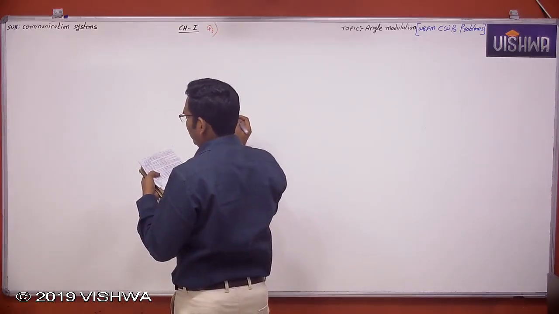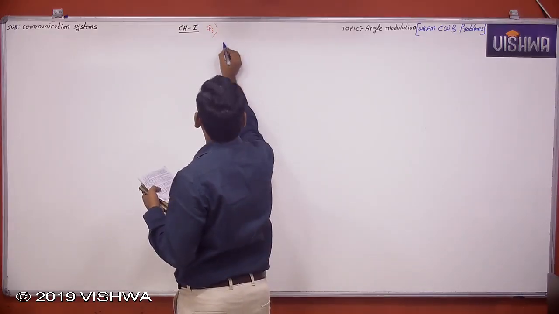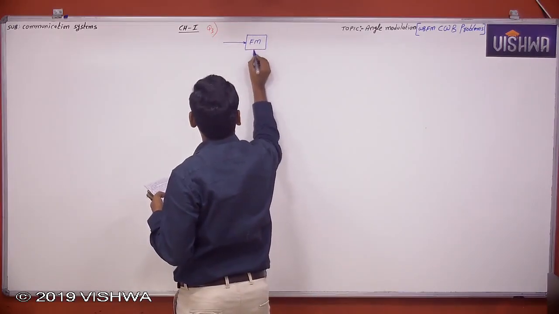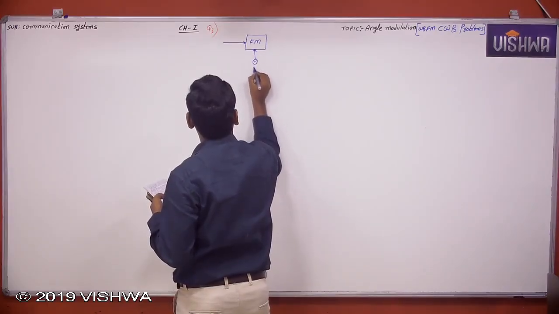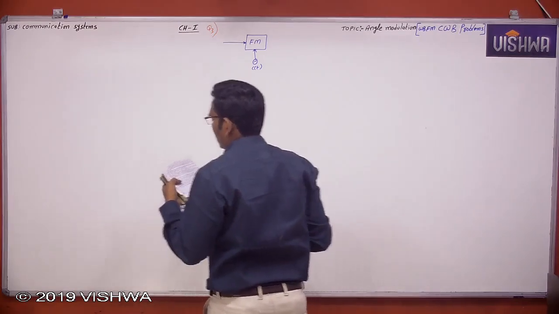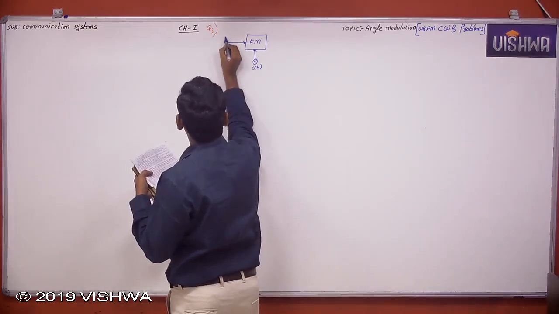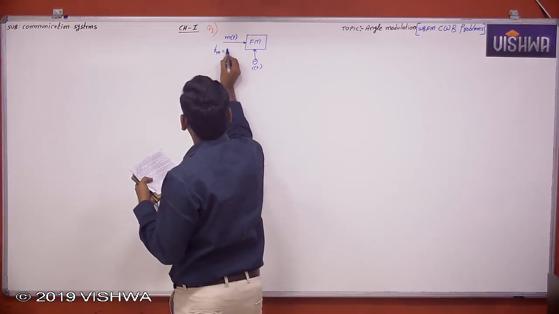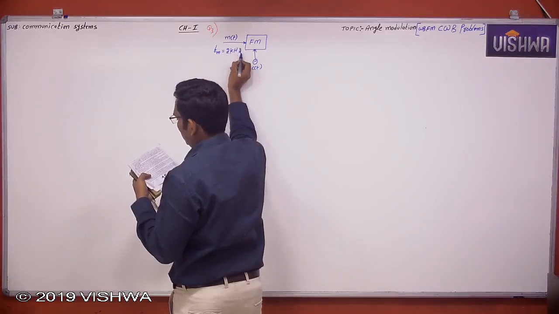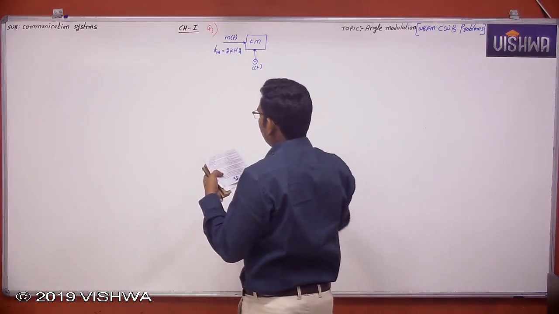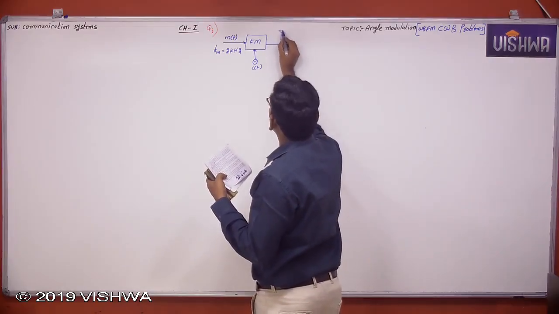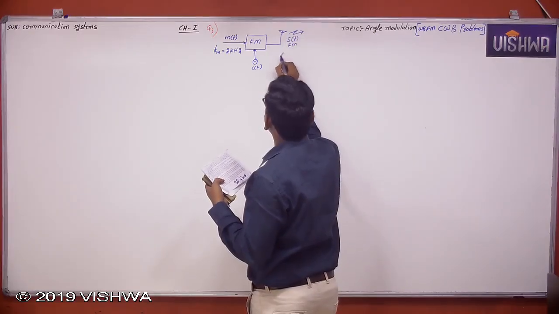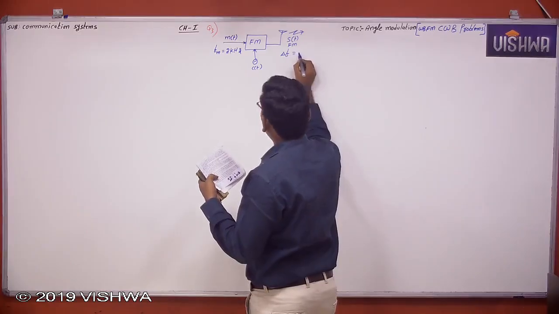A carrier wave is frequency modulated by a sinusoidal signal of frequency 2 kHz, resulting in a frequency deviation of 5 kHz.